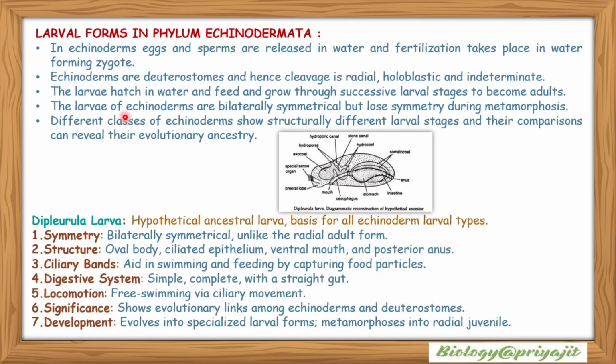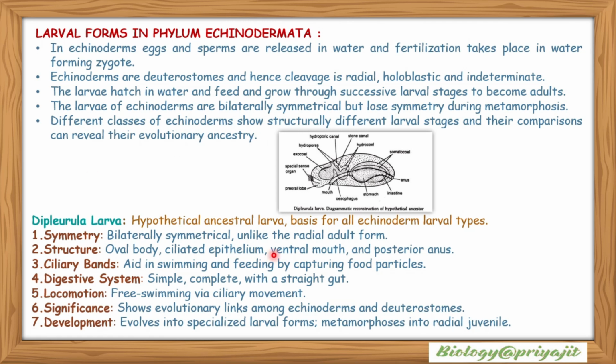The larva hatches in water and feeds and grows through successive larval stages to become an adult. The larvae of echinoderms are bilaterally symmetrical, but they lose this symmetry during metamorphosis. Different classes of echinoderms show structurally different larval stages, and their comparisons can reveal their evolutionary ancestry.